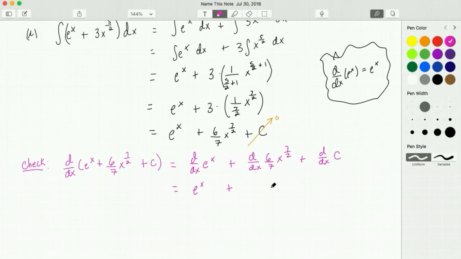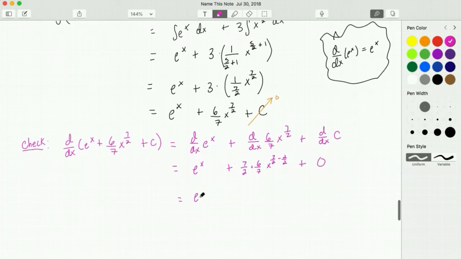Using our derivative rules, we know that it should be 7 over 2 times 6 over 7 x to the 7 over 2 minus 1. In this case, I'm not going to put minus 1, but I'm going to put 2 over 2, which is equal to 1, plus the derivative of a constant is 0.